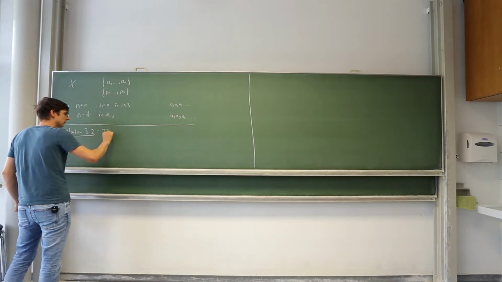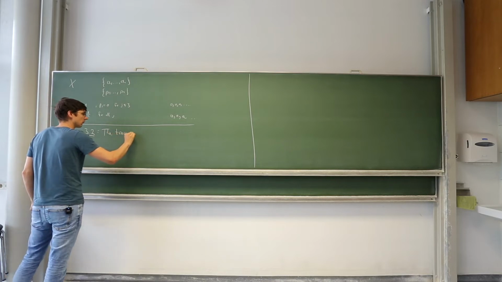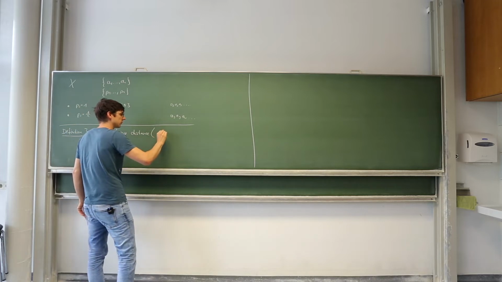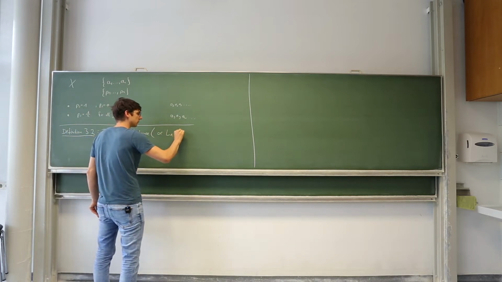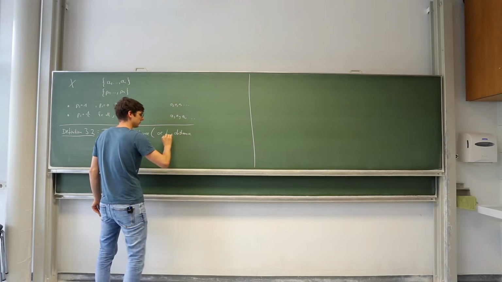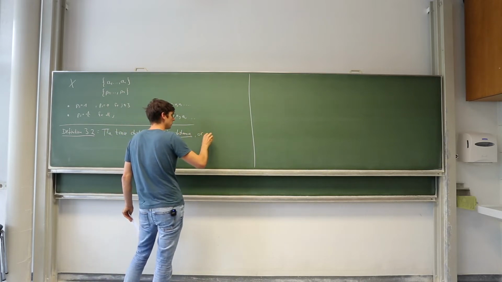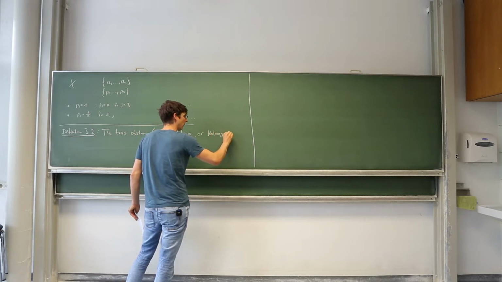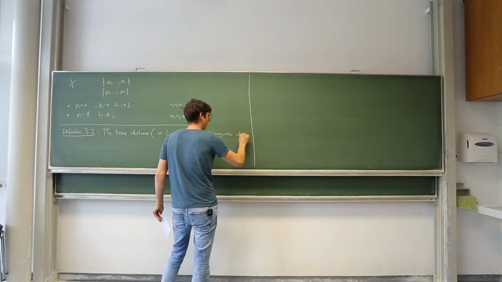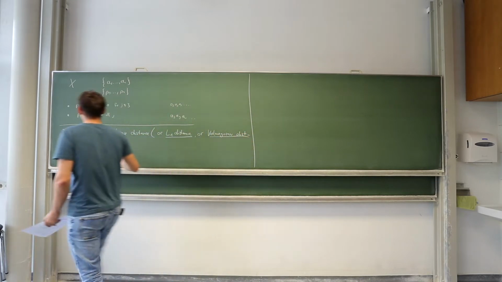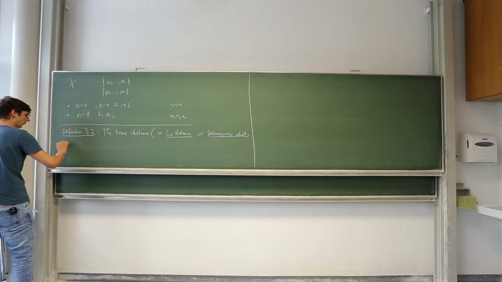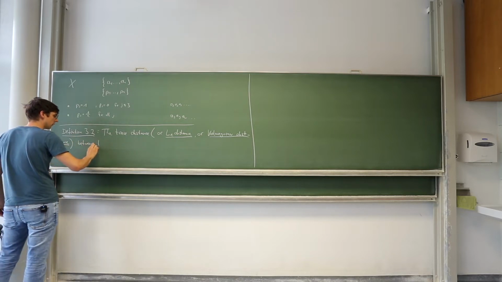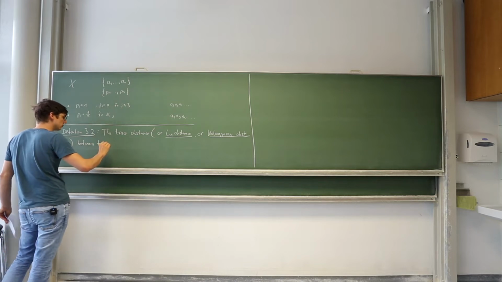The trace distance, sometimes also called L1 distance or Kolmogorov distance, between two probability distributions.